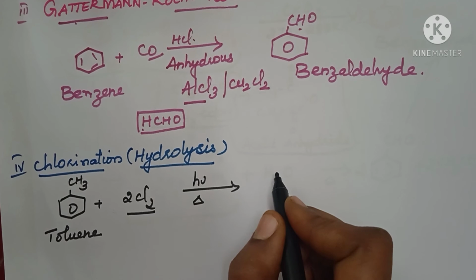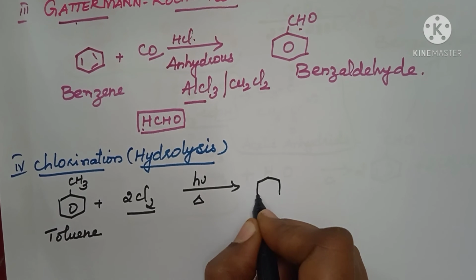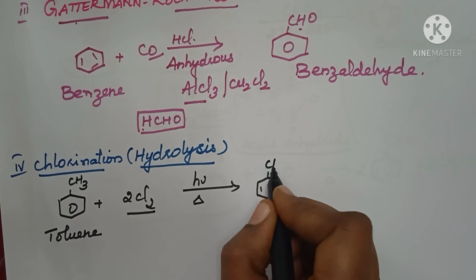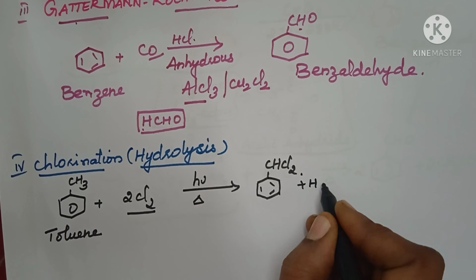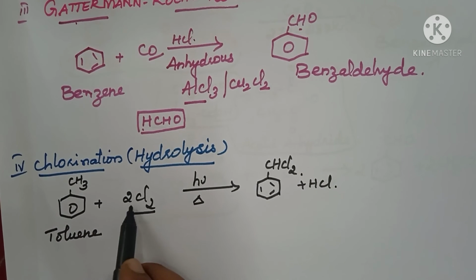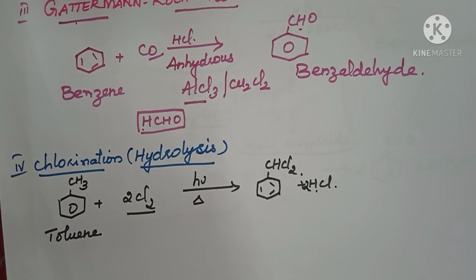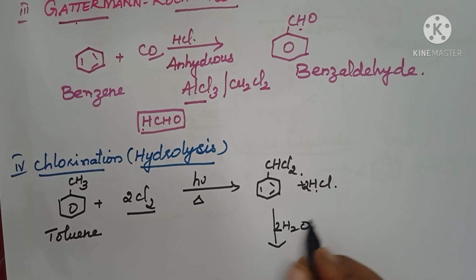Here what you are receiving is the same thing: the CH compound will be coming on the top, CHCl2, plus HCl. Here actually two Cl2 are there, so here 2 HCl. Now the next one, hydrolysis takes place with H2O. Chlorination means naturally diffused sunlight will be there while heating.